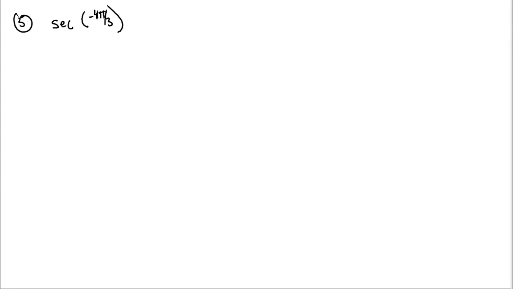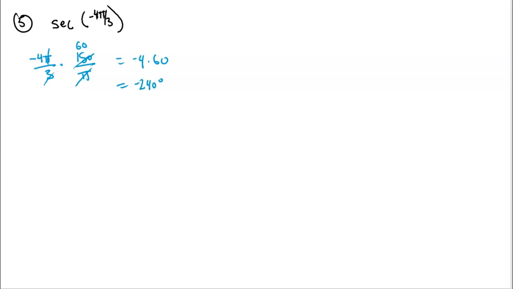We can still set it up the same exact way. If you want to pause the video, please do so. I'm going to multiply it by 180 over pi. My pi's are going to cancel. 3 will go into 180 60 times. So this is really negative 4 times 60, which gives me negative 240.